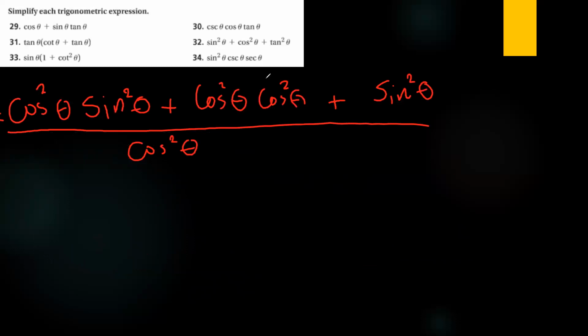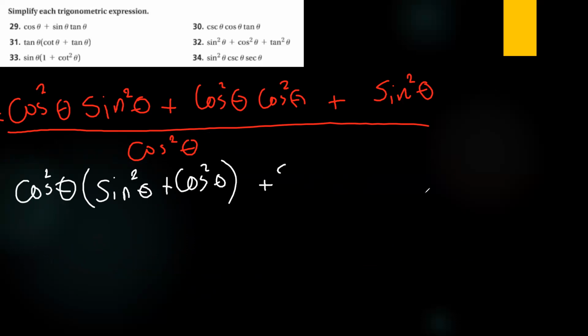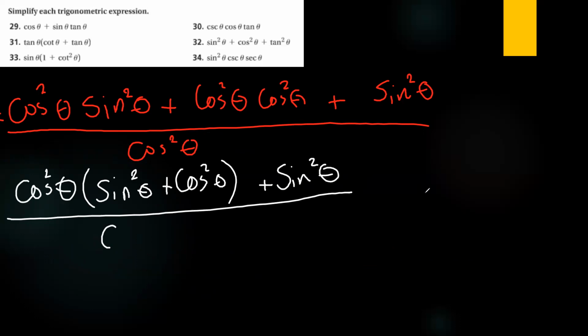Now then, if we take cosine squared as a common factor up here, what did we have? We have sine squared plus cosine squared plus sine squared over cosine squared. And then sine squared plus cosine squared, they are 1.